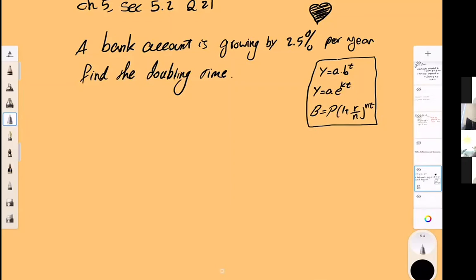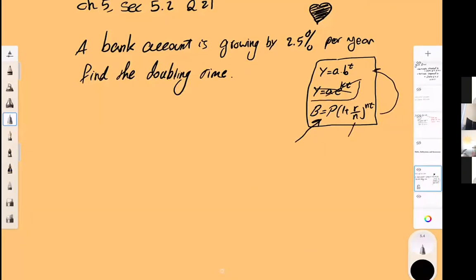Benas, which formula should I use here? The first one? Very good. There is no compounding word in that problem. They said per year, just once a year, so n is 1, and it's not continuous, so we don't use those formulas. We go with the first one.